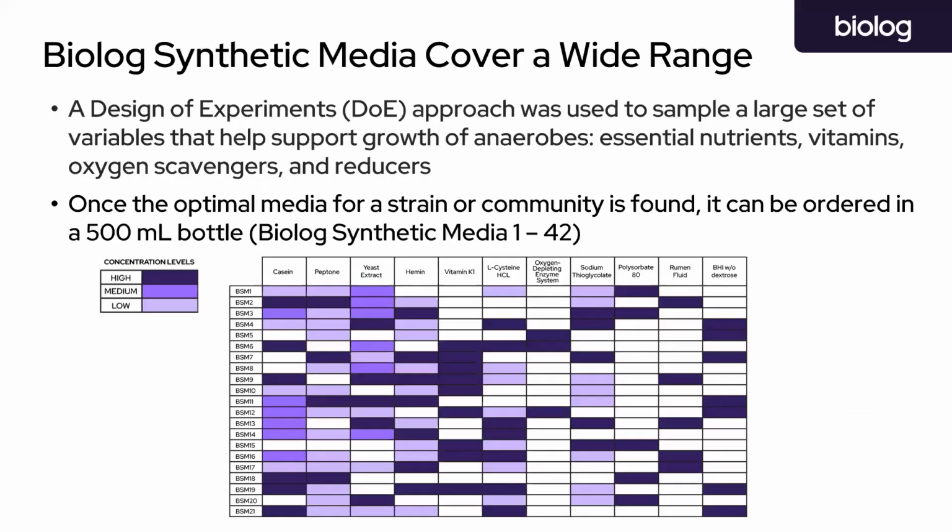As you'll notice, some components like yeast extract, BHI, and rumen fluid are a bit complex and chemically undefined. These components are in most of the media, but thanks to the design of experiments approach, not all media have these components. As a matter of fact, a handful of the Biolog synthetic media are chemically defined.